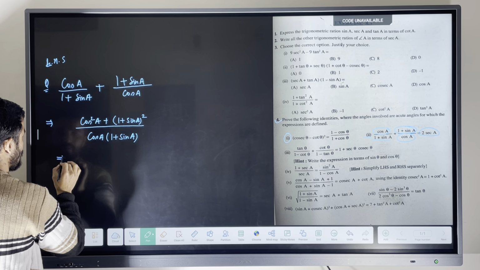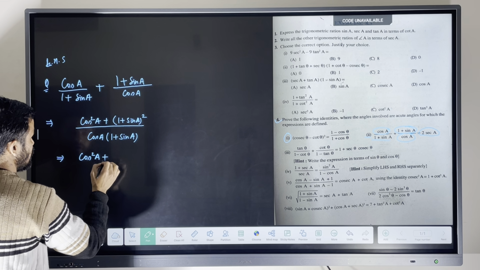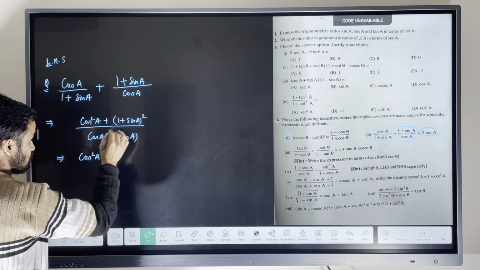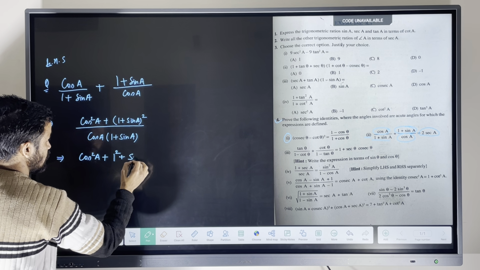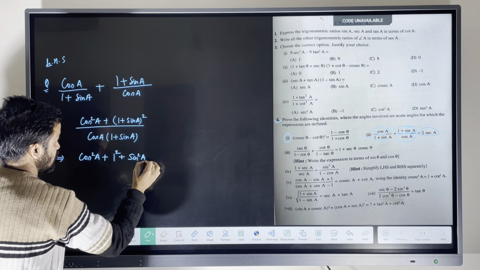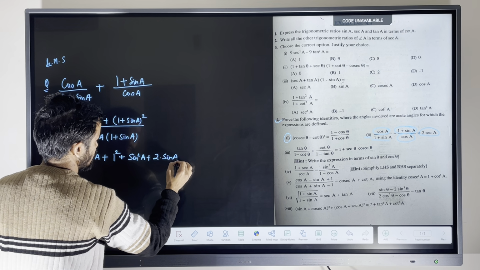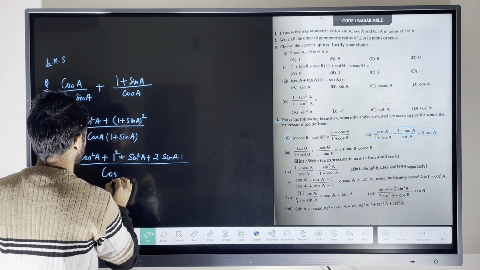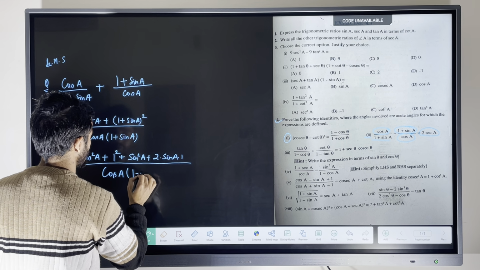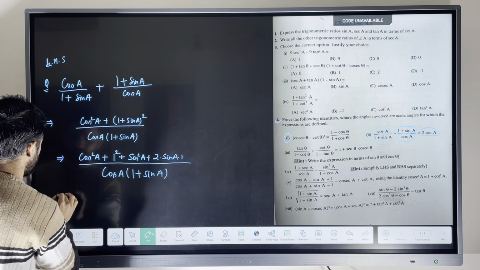Now this will be cos square a, and if we apply the identity a square plus b square plus 2ab, it will be over cos a into 1 plus sin a.